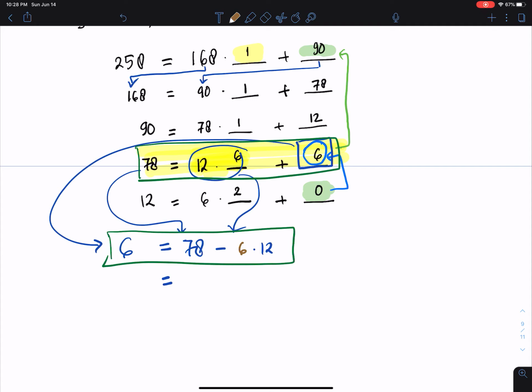Okay, so now after that we will move to the next line over here. We're done with this, so we move to this row. Now from this row I will highlight 12 because this is the 12 that we have. So I'm going to change this 12 using this row now.